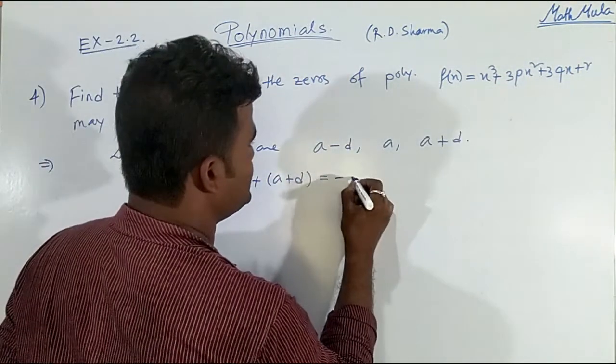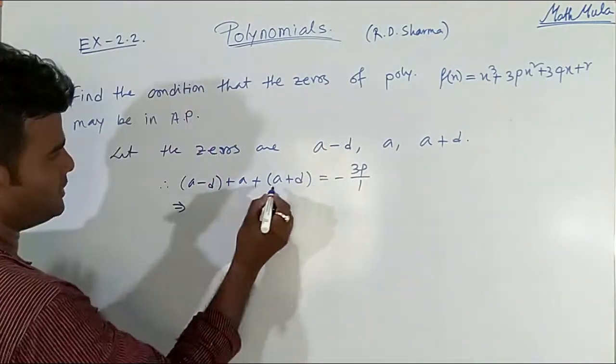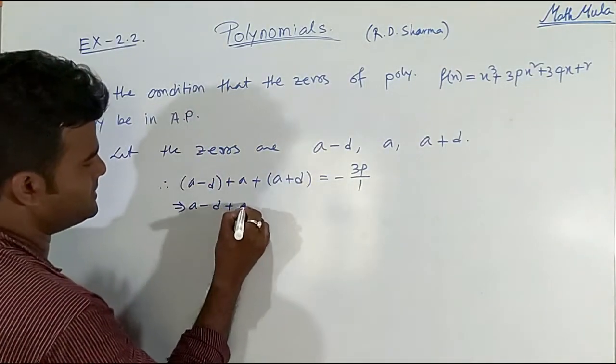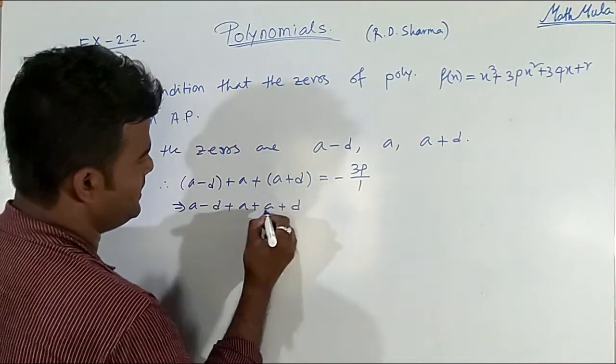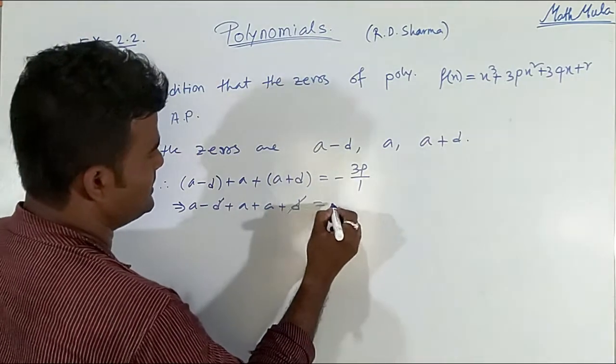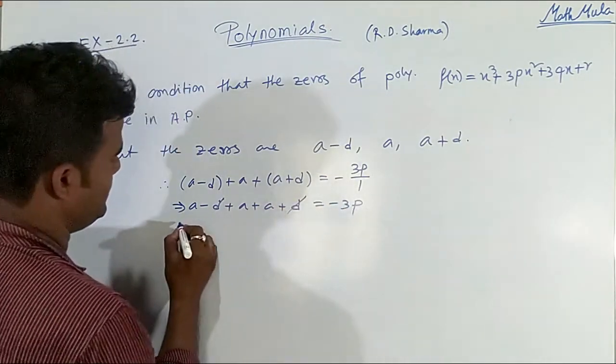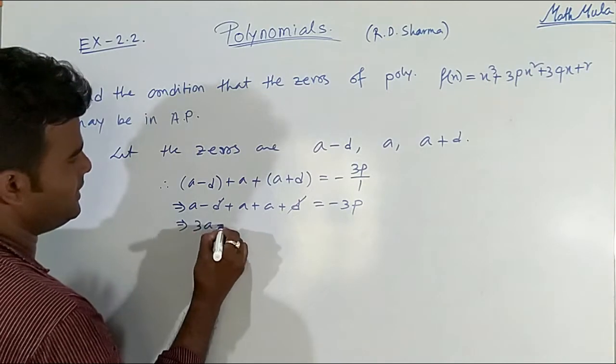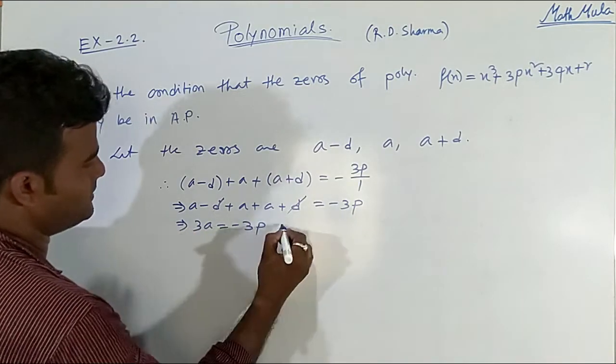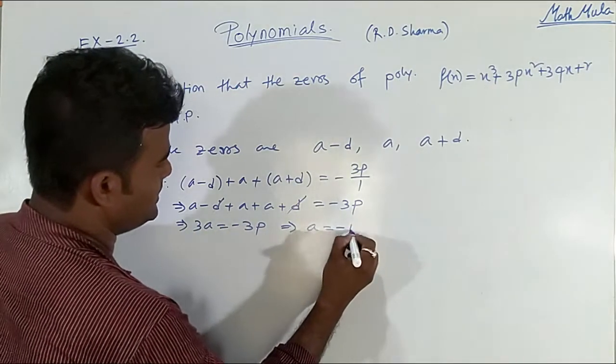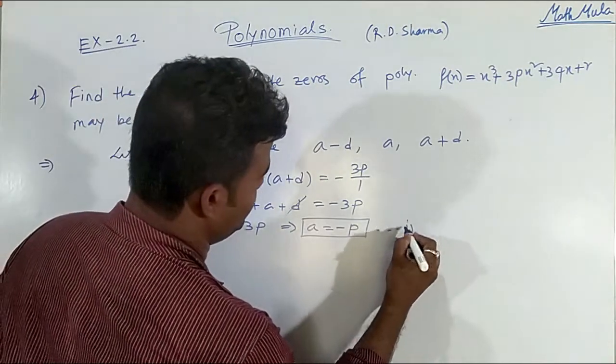This is equal to minus 3p by 1. Now remove the brackets first. Now minus d and plus d will cancel, and this is equal to minus 3p. Now this gives 3a equals minus 3p. That implies a is equal to minus p. And this is 1. Okay.